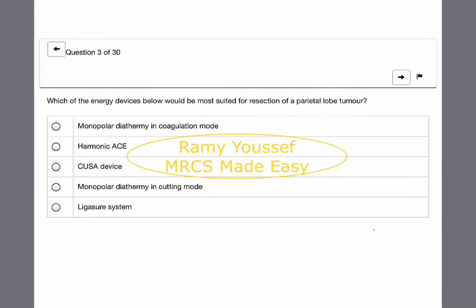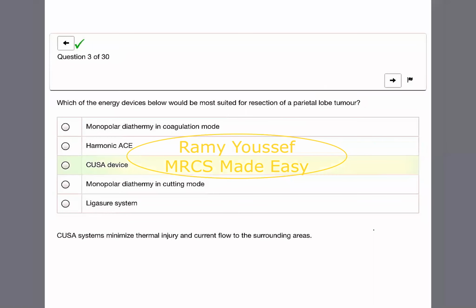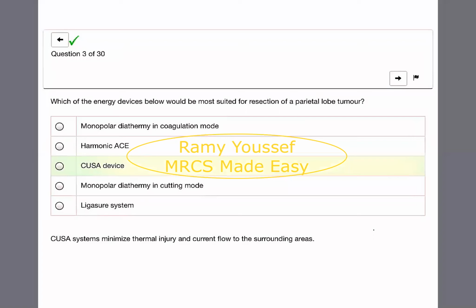Exactly, because this device we use in brain surgery. As we said before, in brain surgery we use the CUSA system or CUSA device. And the CUSA device may also be used in liver resection, CNS tumor and liver resection, I guess. Yes, I think so. Yes, also. Okay.